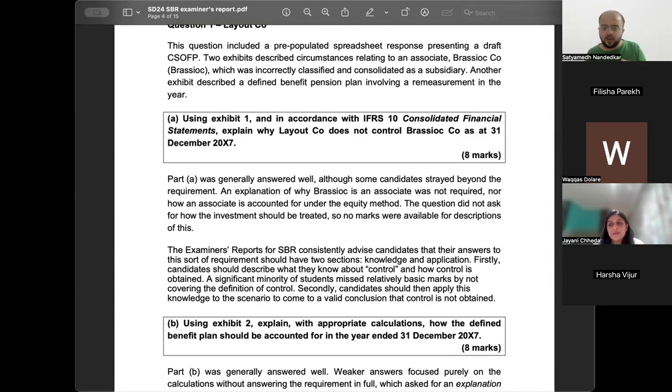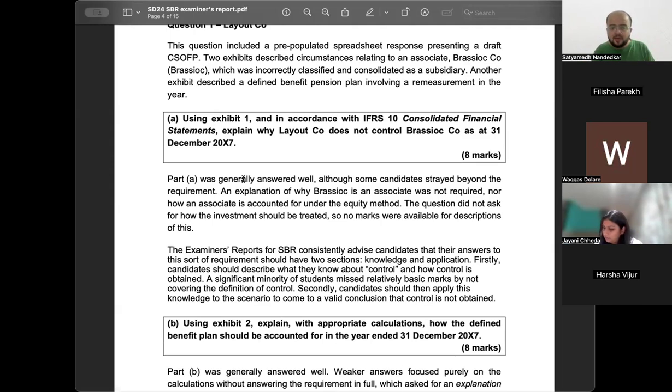Say, for example, your holding is 48%, but the remaining shares are held by a large number of diverse shareholders who are spread over the length and breadth of the country, and it is very difficult for them to come together and take a unanimous decision. So that could be another scenario. Then holding convertible rights which are substantive in nature. So basically when a question asks you about control, it has to be one of these scenarios, right?